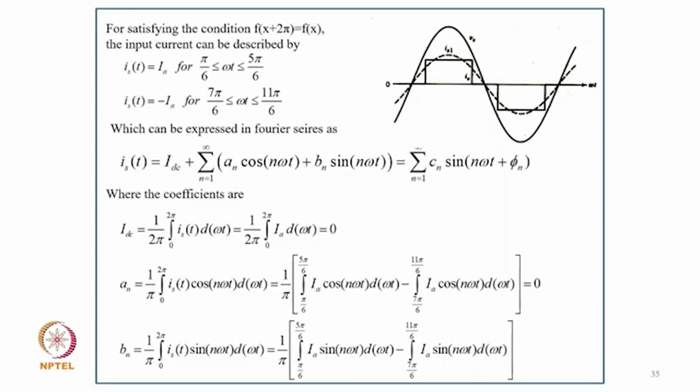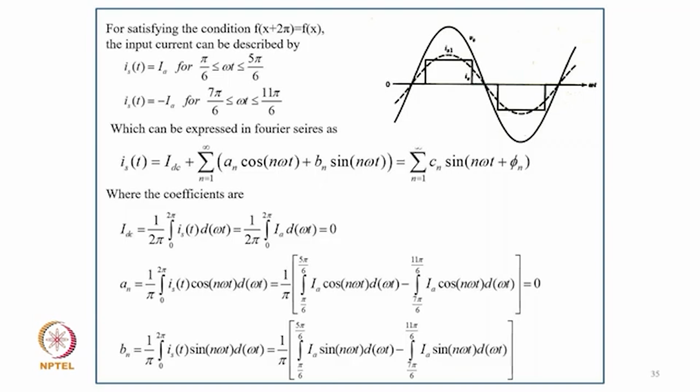So you can call it your DC component, or the A0 Fourier coefficient on the AC side, is 0, and An equal to 1 upon pi ∫ from 0 to 2 pi Is cos n omega t d omega t.